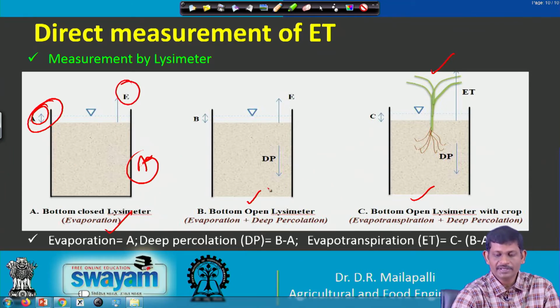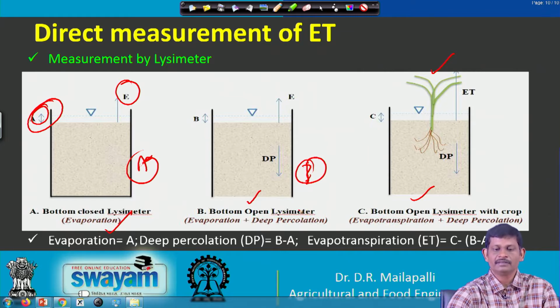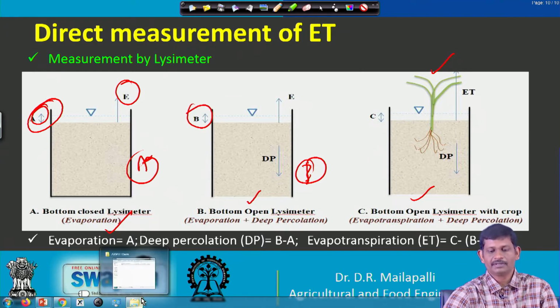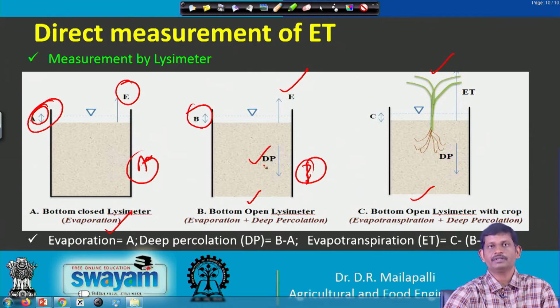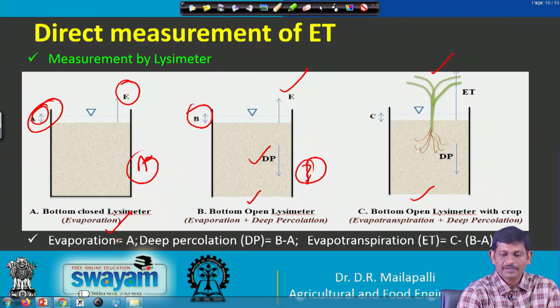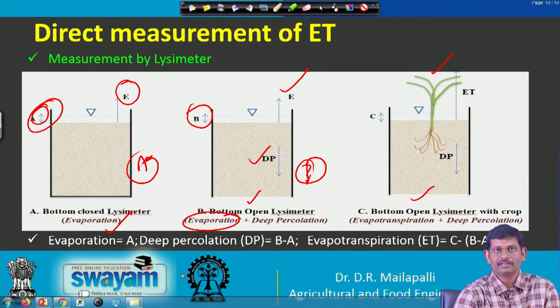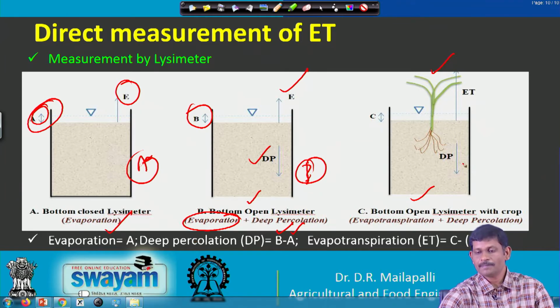In the second case, B, the difference in ponding depth will be the evaporation plus depercolation. In order to get the evaporation, you have to do B minus A. In the third case, C, the difference in ponding depth will be equal to evapotranspiration plus depercolation.